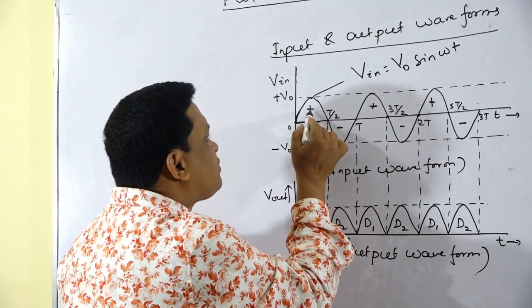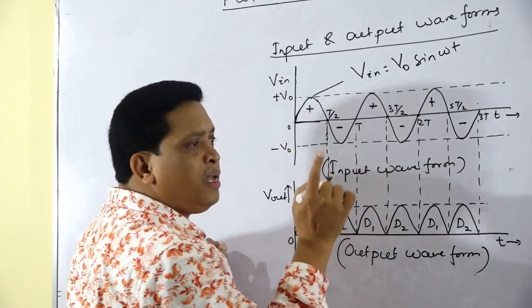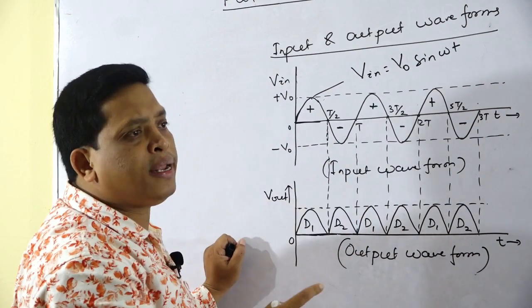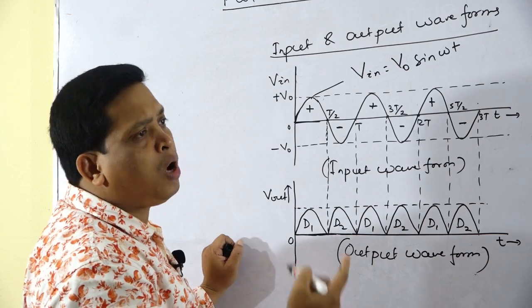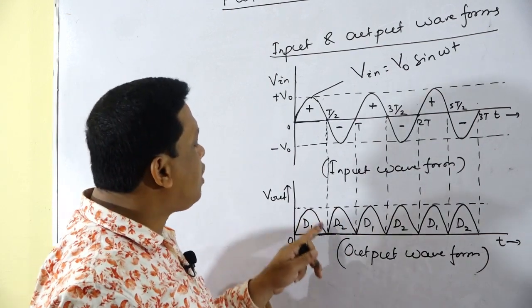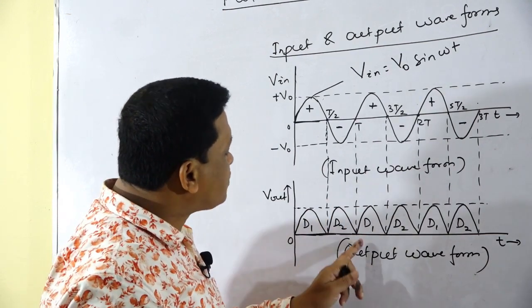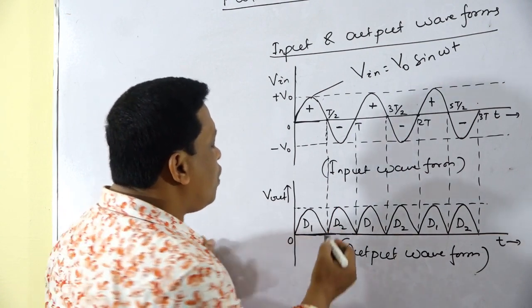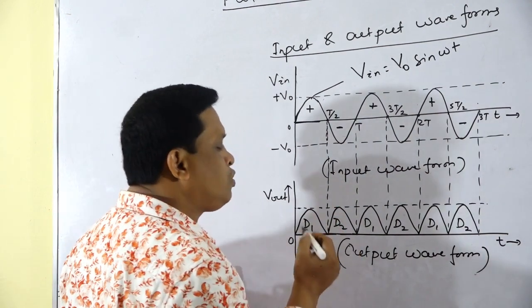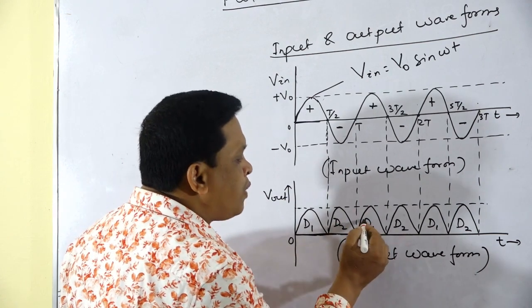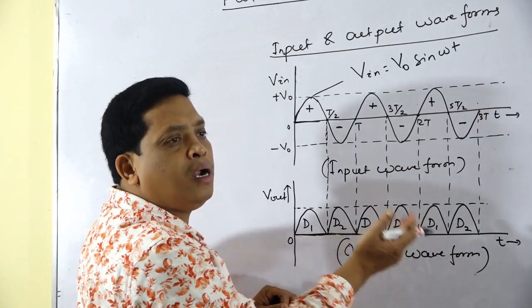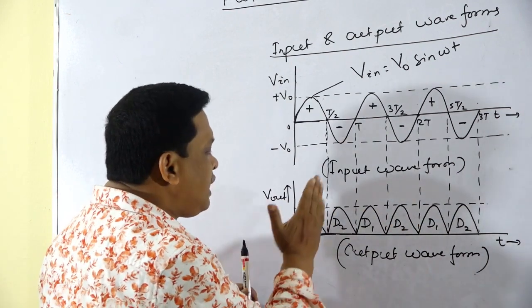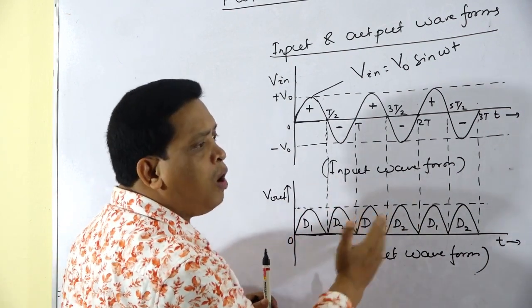During the positive half cycle, we have seen that the diode D1 is conducting and the load current flows due to the diode D1. So the output voltage is obtained due to diode D1. During the negative half cycle, the output voltage is due to diode D2. Again during the positive half cycle, diode D1, and next in the negative half cycle, D2. That means both the diodes are working alternately.